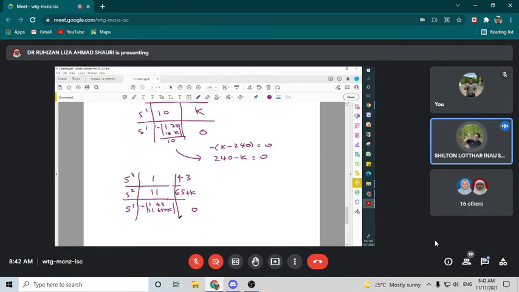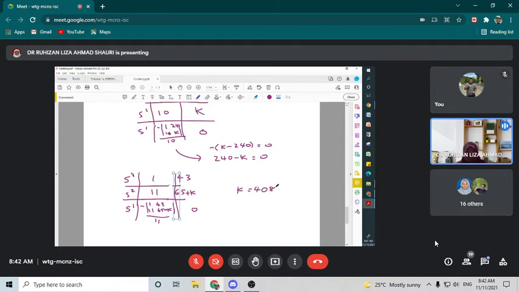For row s^0, what do you get? Oh yes, that's your answer. So your answer would be k equals to 408. That's right. And then calculate your PS for the crossing point.